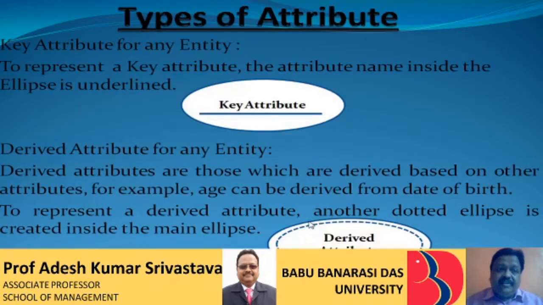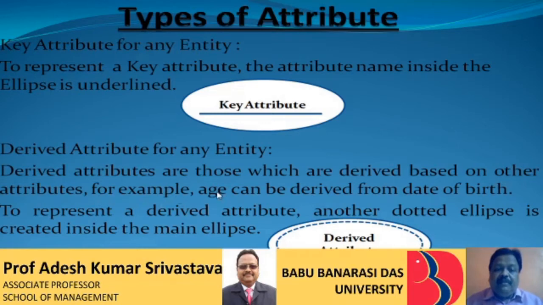Now, types of attribute. The key attribute for an entity. To represent a key attribute, the attribute name inside the ellipse is underlined. If we are representing a simple attribute, it will be represented through an oval shape. But if we are representing the key attribute, within the oval we put a line like this. And then there is another attribute, the derived attribute. Derived attributes are those which are derived based on other attributes.